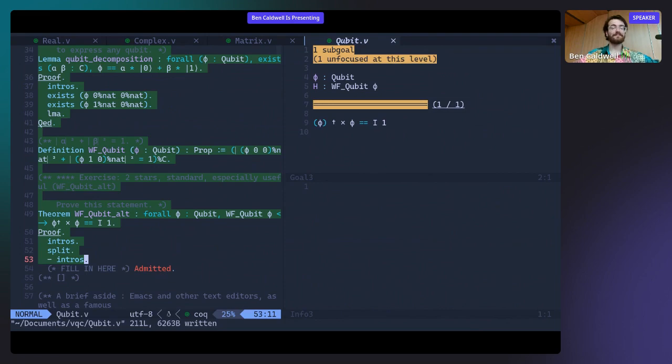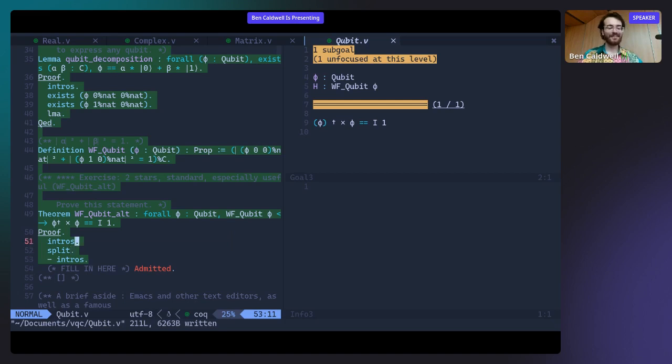But another, more convenient way in practice is to say that we can multiply the qubit by its conjugate transpose, where we conjugate the elements, and we just get out the 1-by-1 identity matrix. There are a bunch of nice equivalent ways to prove that qubits are well-formed that we might use in practice.